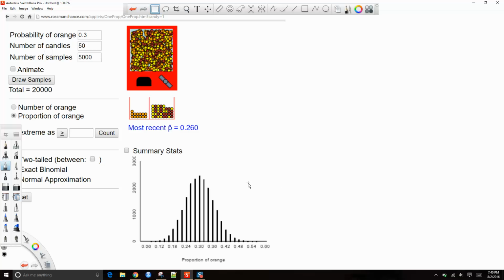So this is our sampling distribution after 20,000 simulations.